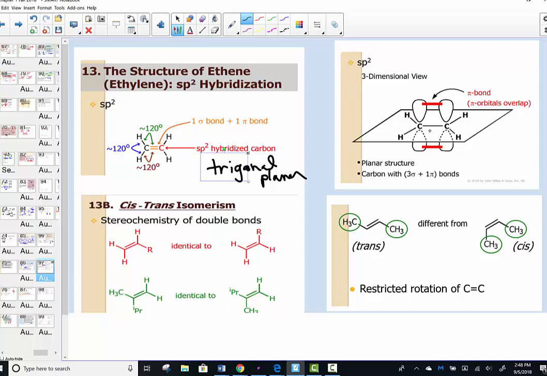The double bond creates a pi orbital, creates rigidity in the molecule. Remember, sigma bonds have total freedom to rotate. However, pi bonds create a rigid structure that can no longer rotate. sp2 hybridized introduces that concept of cis and trans in terms of structural isomers.